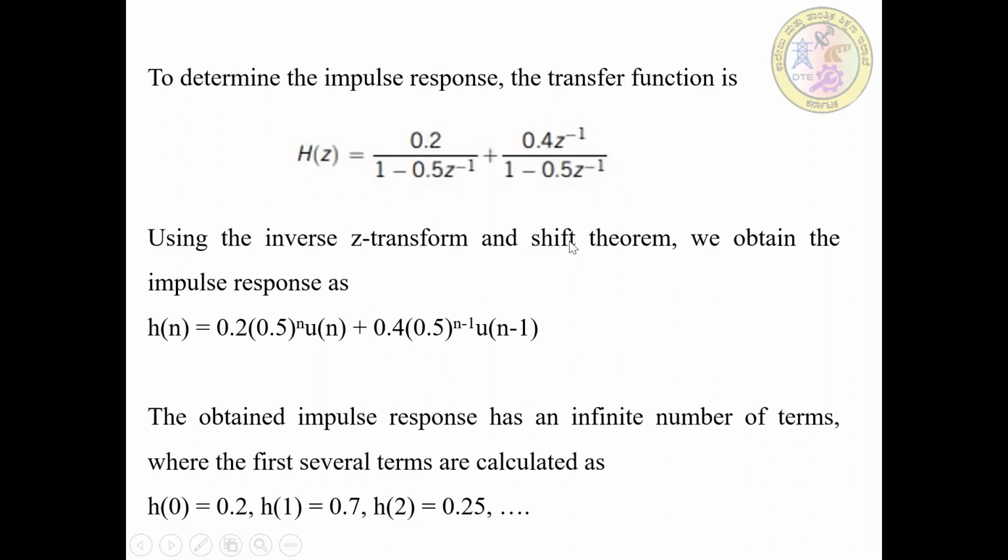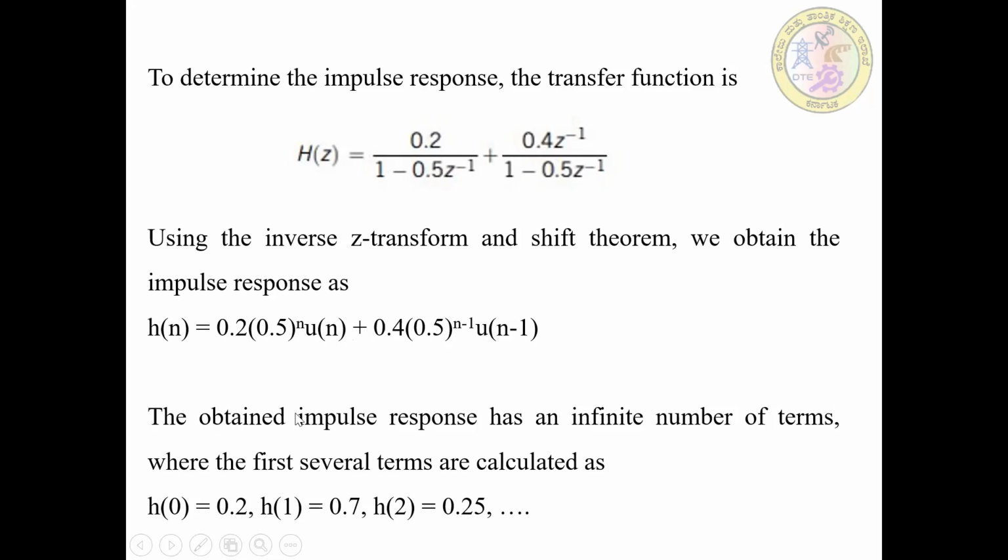Using the inverse Z transform and the shift theorem, we can obtain the impulse response for this particular H of z as h of n. Okay. So what we obtain is 0.2 times 0.5 raised to the power of n into u of n, plus 0.4 times 0.5 raised to the power of n minus 1 into u of n minus 1.